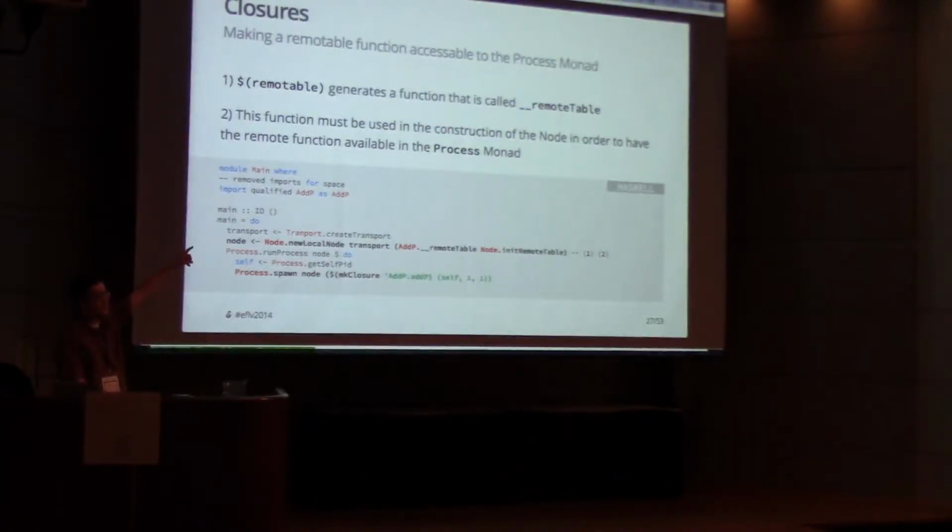So as I said before, this remotable creates this record, this function called remote table. When you have this remote table, you're going to pass it to the init remote table, and it's going to add all these functions one by one.